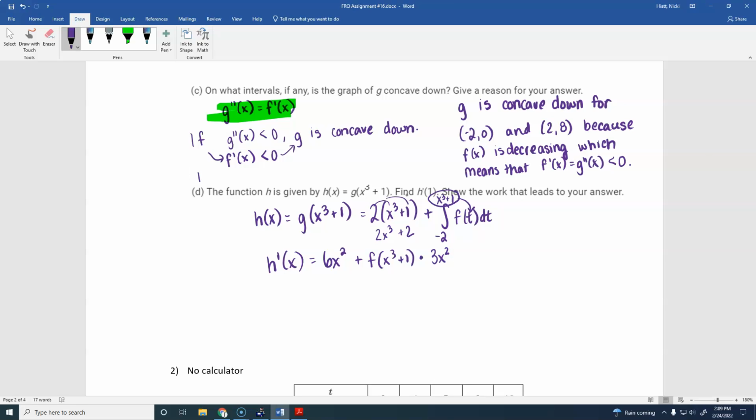When you're taking the derivative of the integral, derivatives and integrals are inverses of each other, so they cancel. We just have to take this upper limit and plug it in here, which is what we did here. But we must multiply by the derivative of that upper limit.